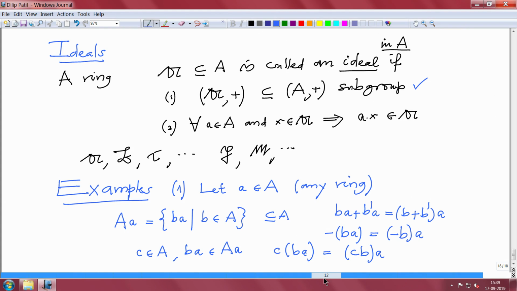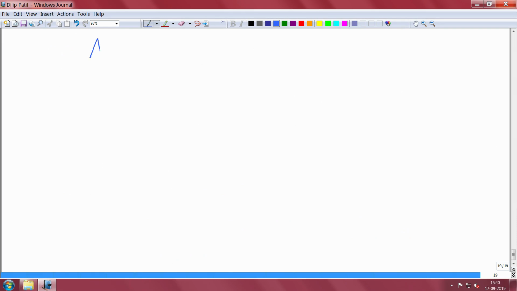So, there are lots of ideals in a ring. This ideal A times a is usually called the principal ideal generated by a.